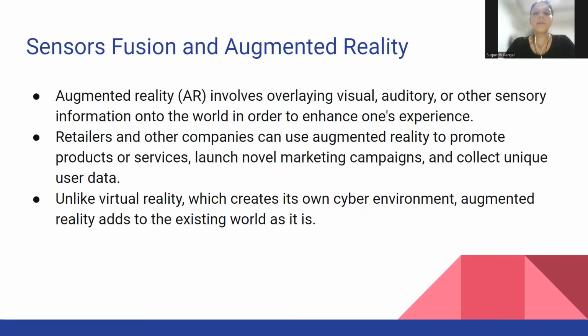Retailers and other companies can also use augmented reality to promote products or services, launch novel marketing campaigns, and collect unique user data with the help of augmented reality and fusing the sensors. Unlike virtual reality, which creates its own cyber environment, augmented reality adds to the existing world as it is. In this part, various sensors are fused, and with the help of those sensors, augmented reality is possible.